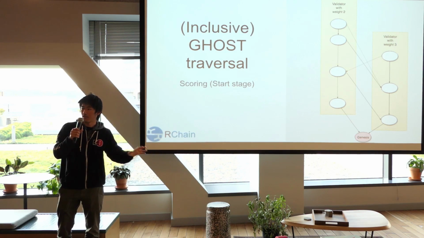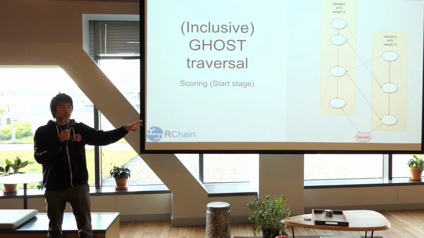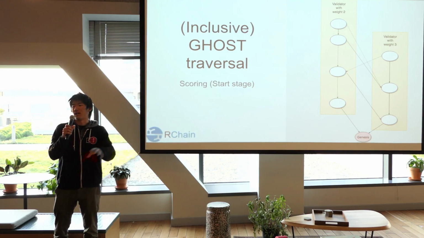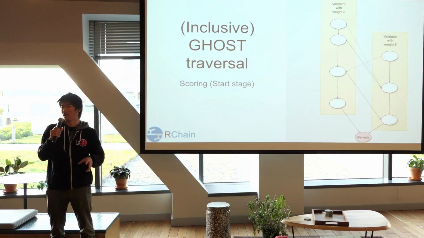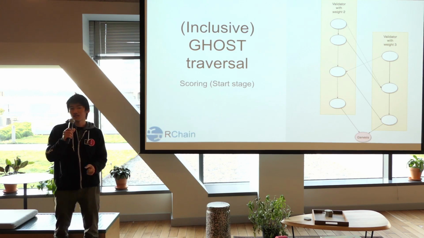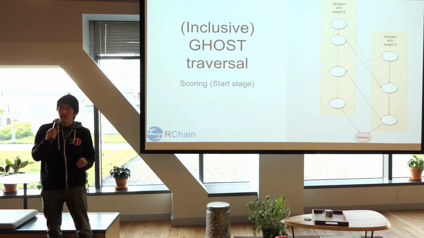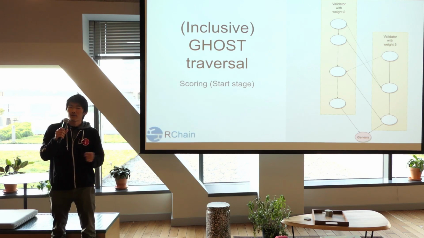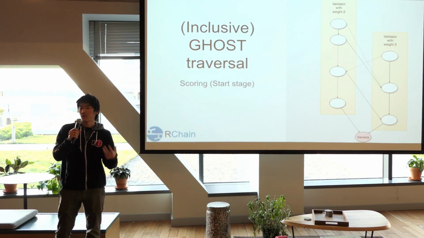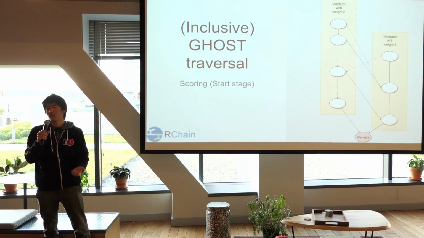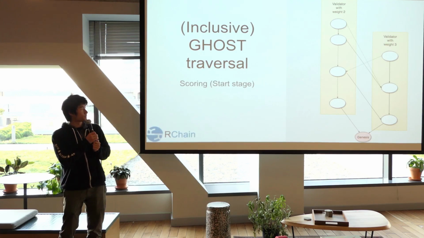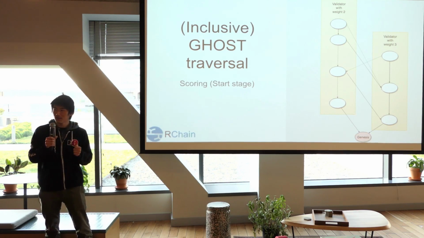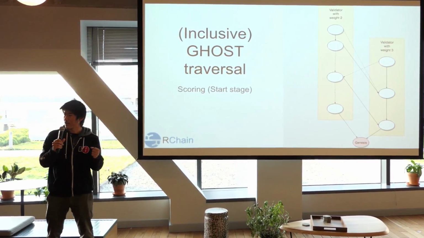To be clear, everyone starts out believing that everyone else has seen the genesis block, and that is their latest block. So the idea is that based on what other validators have shown is their latest block, you build the chain. Is there anything that's not clear about this diagram right now?